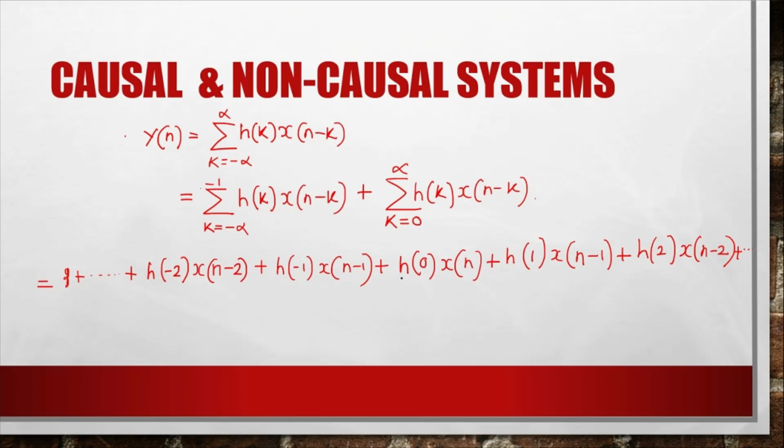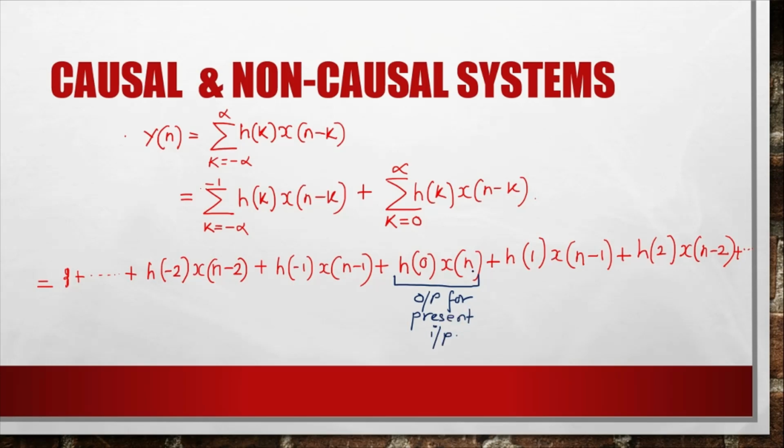These terms are basically the addition of different outputs for different values of n, that means different inputs. So h of 0 x of n is the output for the present input.